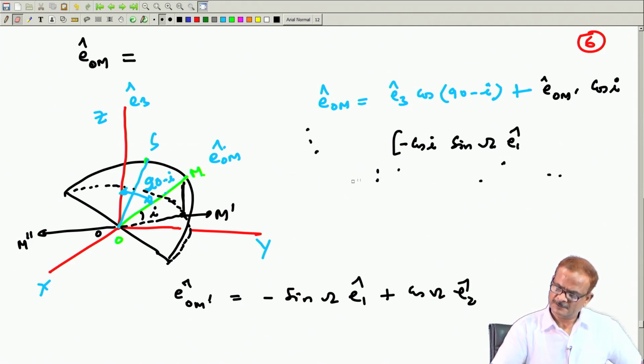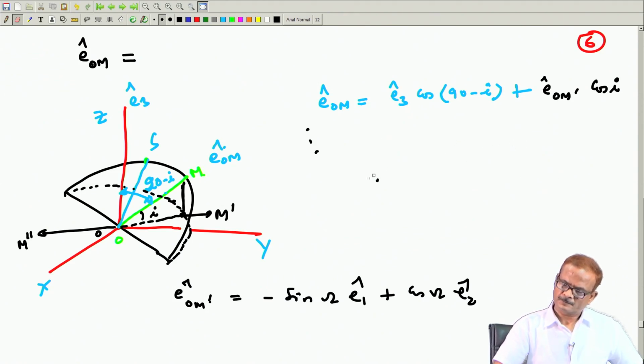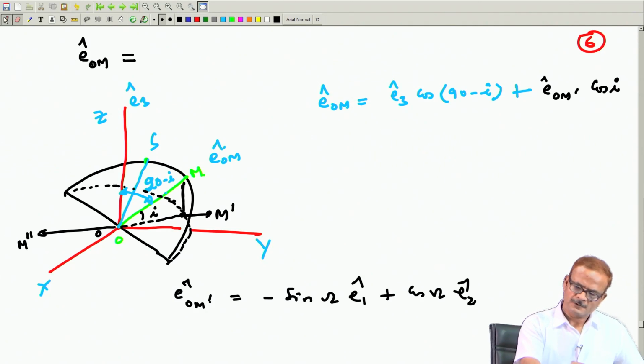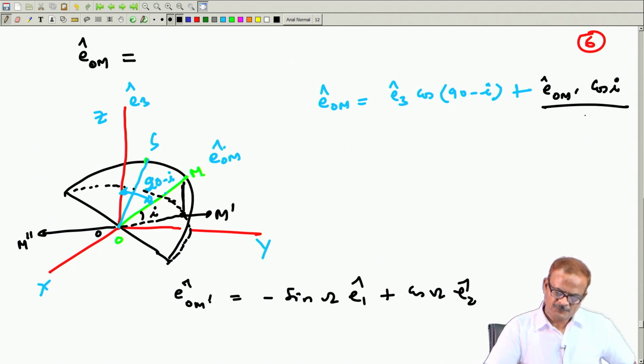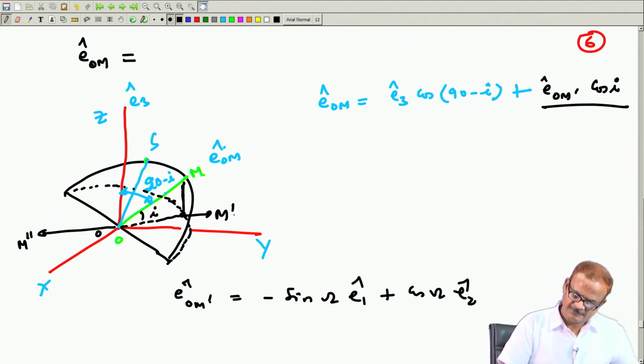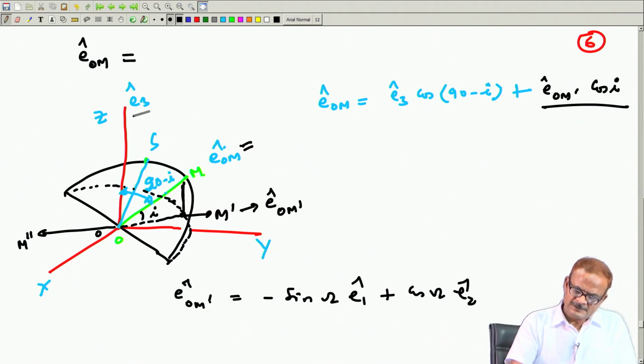There is an error in here. This part is okay. Here, along this direction we have the vector E_OM prime cap. So, the component of this vector along this direction is E_OM cap, this component and this component.